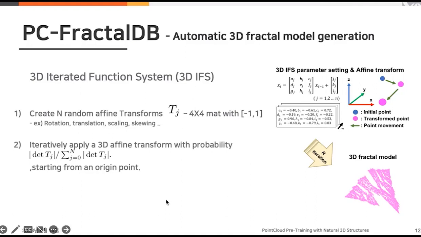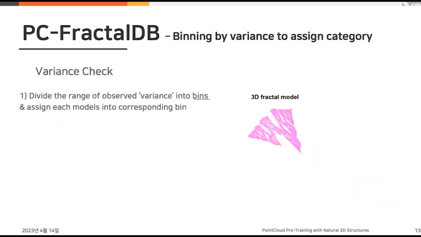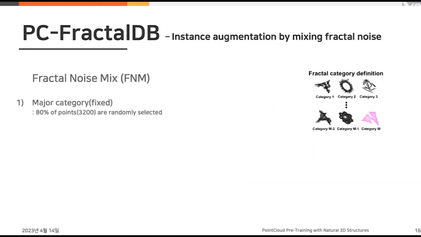After you first apply this 3D IFS, I suppose there are not many variations, but when you apply this fractal noise mix method, I guess this is the real step that increases the variety of models. Okay.